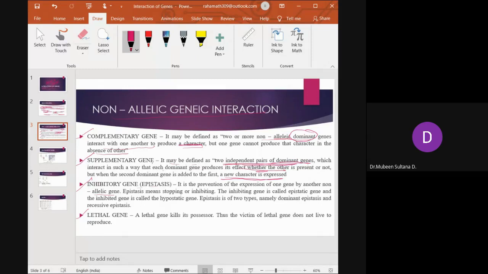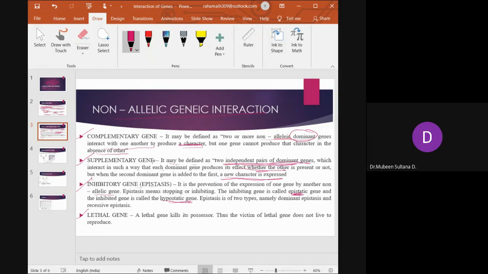Epistasis means stopping or inhibiting. The inhibiting gene is called the epistatic gene, and the gene which gets inhibited is called the hypostatic gene. The one which suppresses is epistatic, and the one which gets suppressed is hypostatic. Epistasis is of two types, namely dominant epistasis and recessive epistasis.